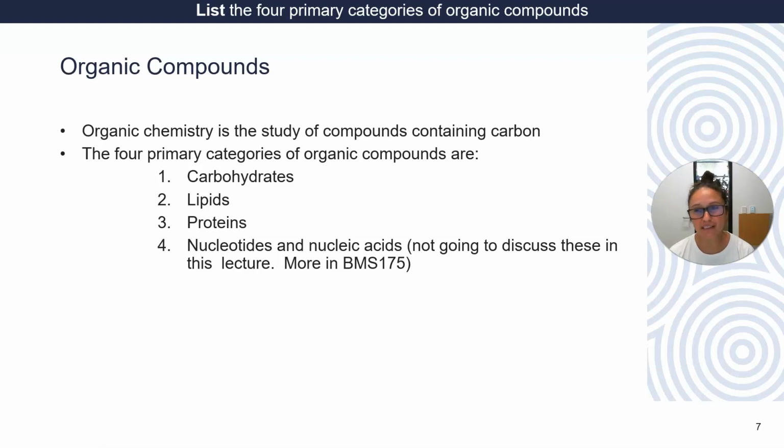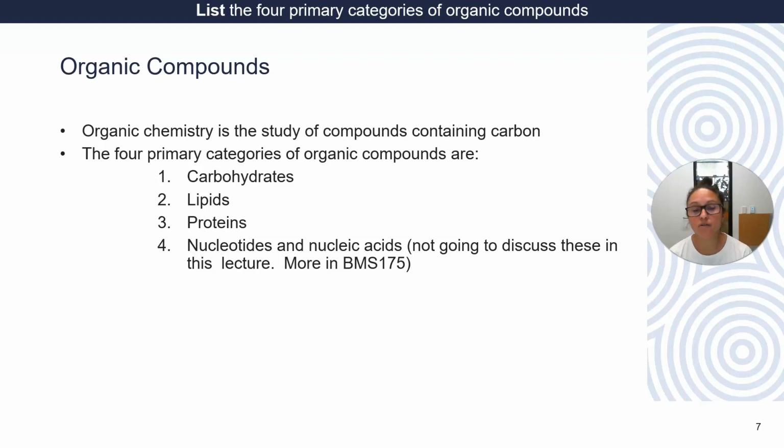Now, what makes a molecule organic is the presence of carbon. So, if you come across a molecule and it has carbon in it, it is called organic. It's an organic molecule. Okay?